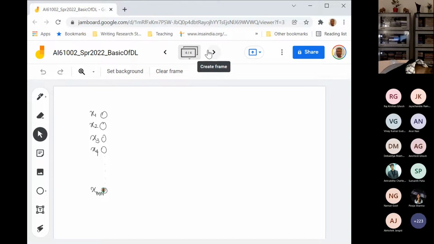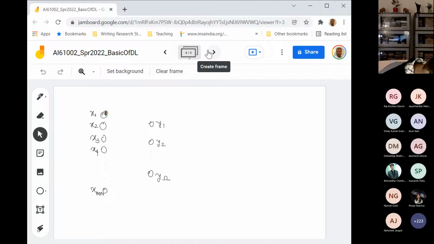And then I am connecting them with y1, y2, like this, up to y of omega. Now I want to connect my second neuron over here.